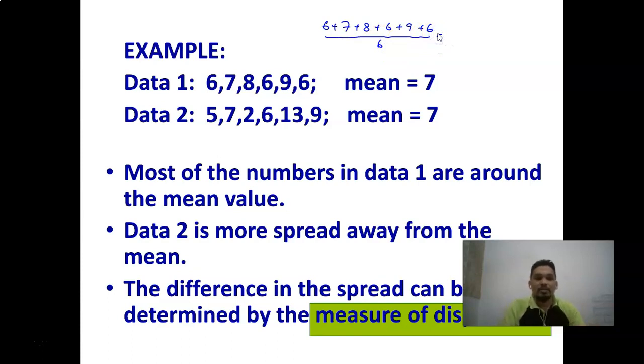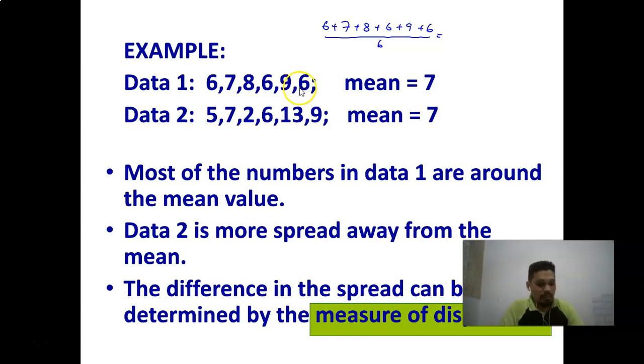Okay, so 6 plus 7 equal to 13, plus 8, 21, plus 6, 27, plus 9, 36, plus 6, 42.